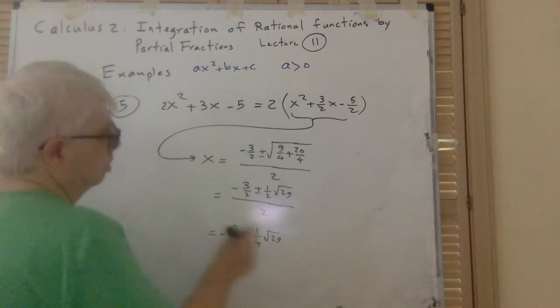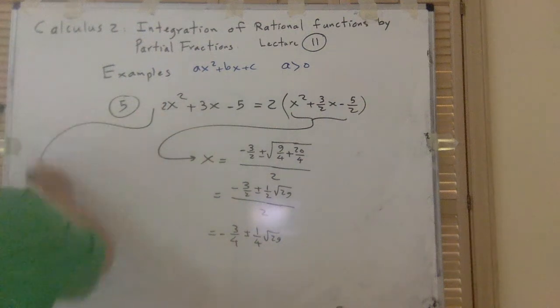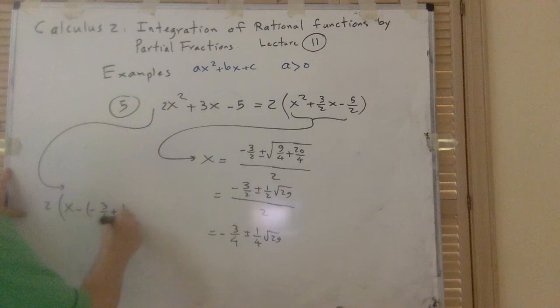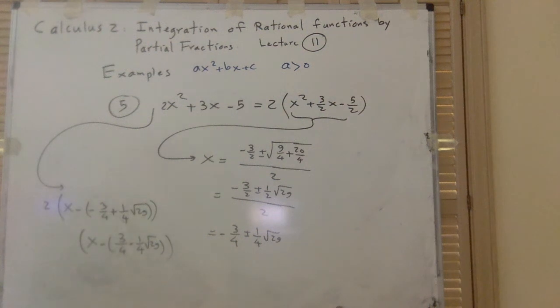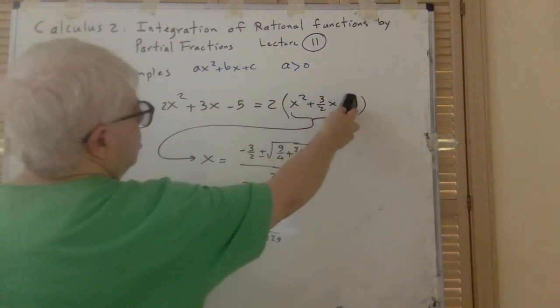Okay, so this factors as, let me write it here, 2 times x minus, say, minus 3 over 4 plus 1/4, 1/2, sorry, oh, that's correct, 1/4, square root of 29, times x minus the other one. So let me double check, 3 over 2 minus 5 over 2, so I have 9 over 4, and oh, that's not 4, right? 4 times this, that's 20 over 2.